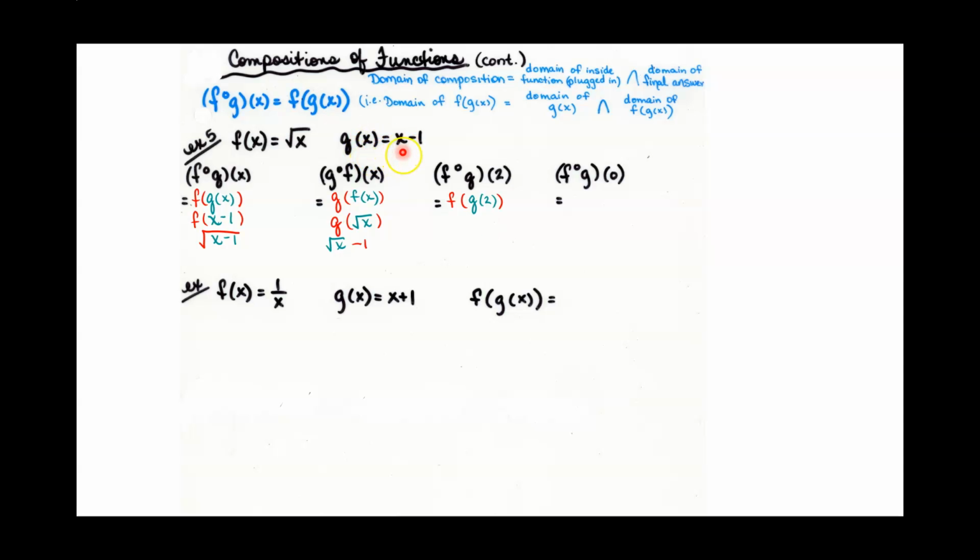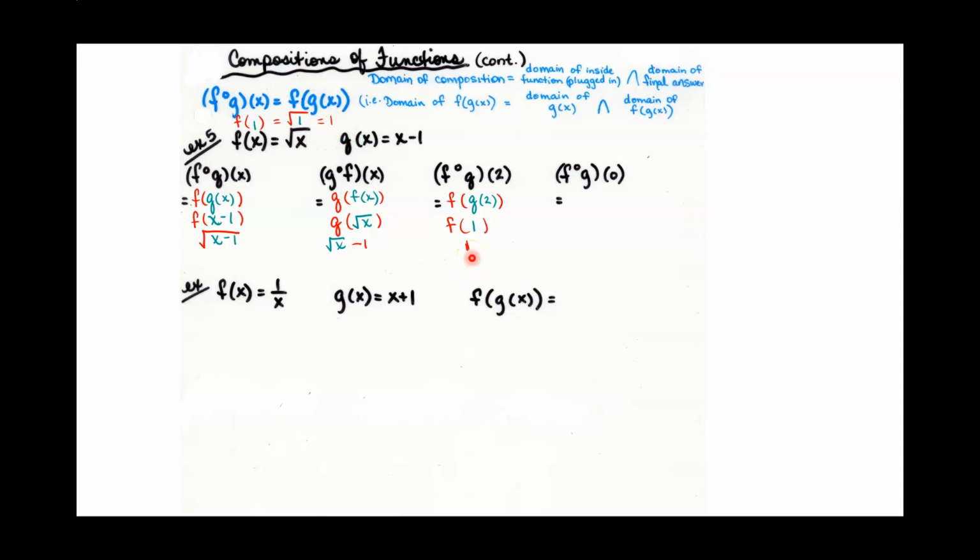If I put 2 in for x, 2 minus 1 gives me 1. So since g of 2 is equal to 1, we can replace it with what it's equal to. Now I have f of 1. f of 1 tells me to put 1 in the place of x in the f function. If I put 1 in for x, I'll get the square root of 1, or 1, and so that would be my composition.